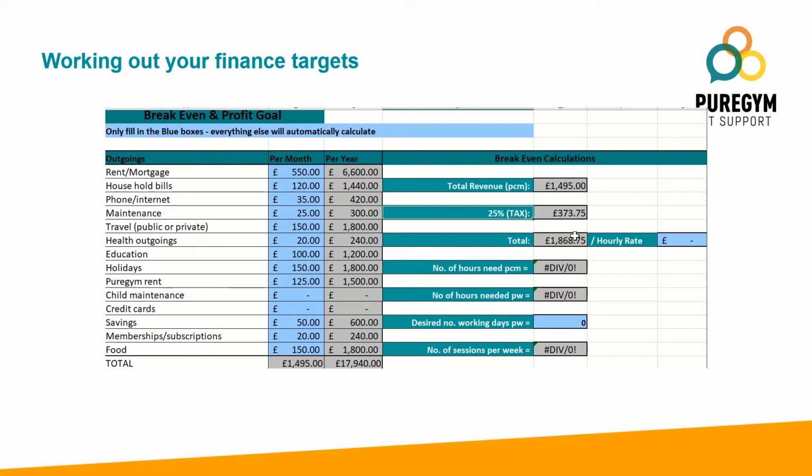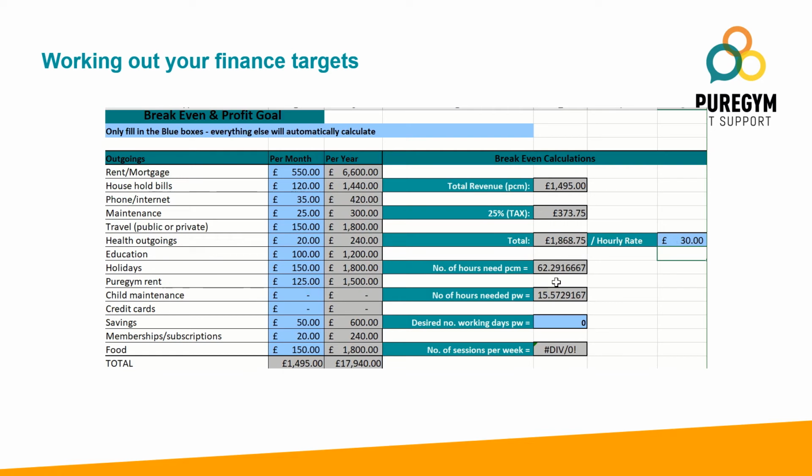So in total, my break-even number, covering all of this down here, plus a contribution to tax, which would maybe be put into a separate bank account, is 1,868.75 per month.